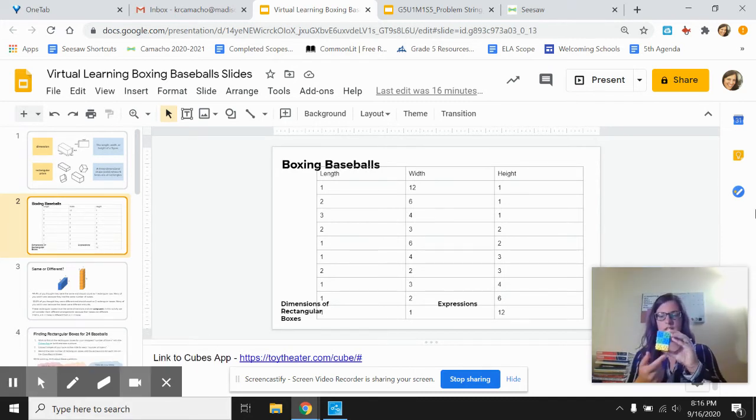So for those ones, I had a 2 by 2 by 3. And I had a 1 by 4 by 3. And then I had a 6-layer one, which was this one. And it was a 1 by 2 by 6. Then I had that really tall one, a 12-layer. So it was a 1 by 1 by 12.